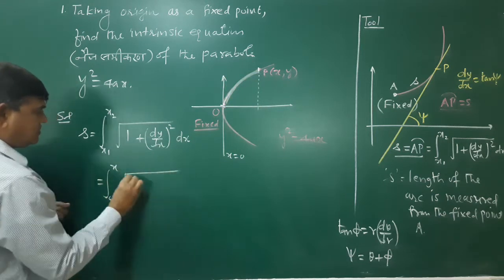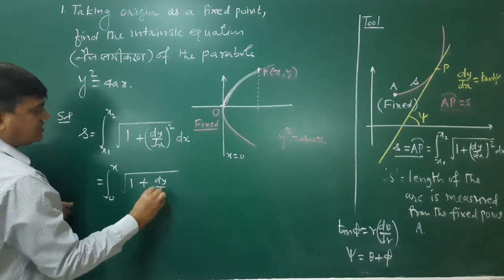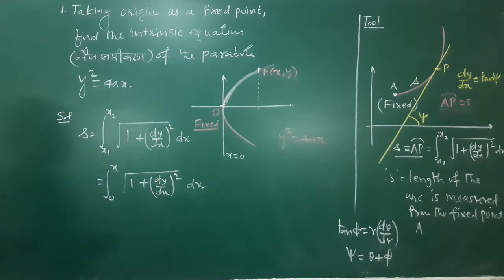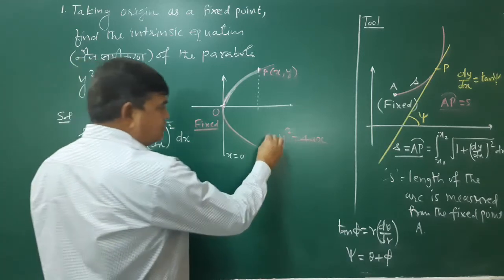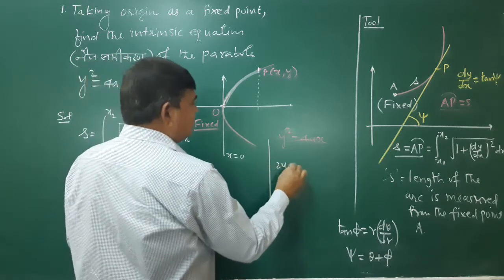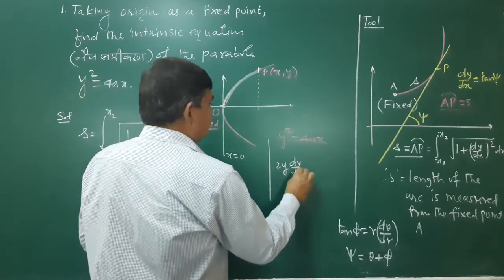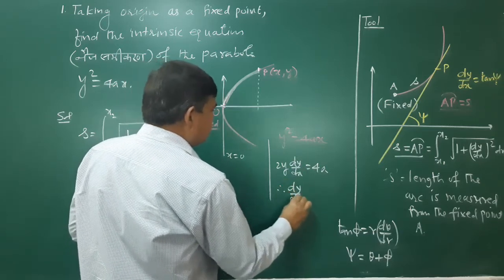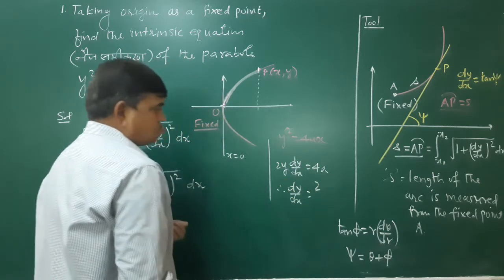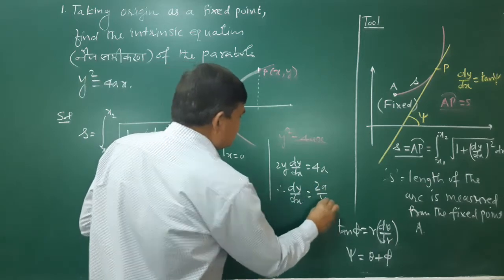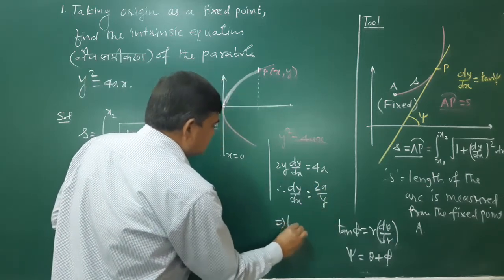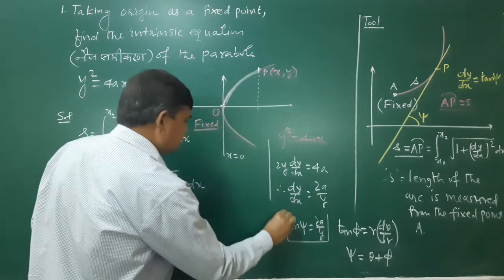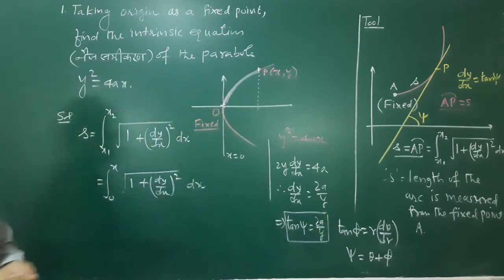Now y square equals 4ax, so 2y dy by dx equals 4a. Therefore dy by dx equals 2a upon y. This implies tan psi is 2a upon y.